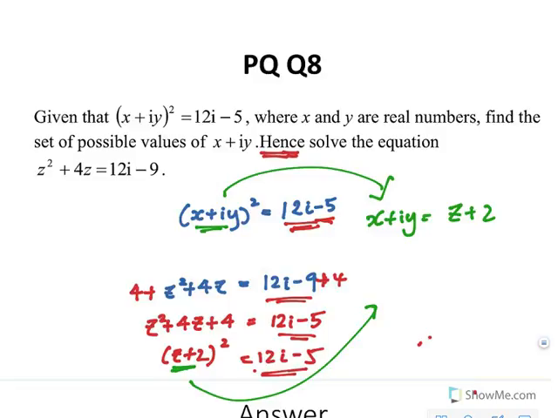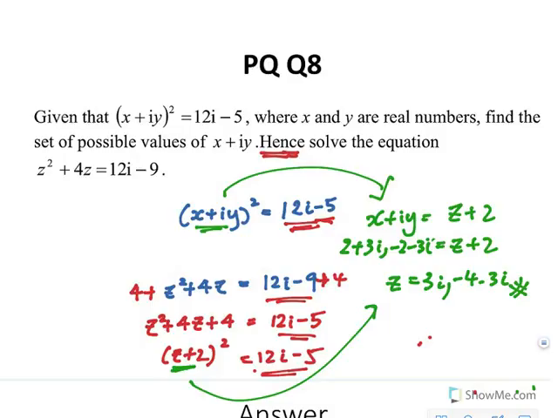And x + iy, as we have found earlier, equals 2 + 3i or −2 − 3i, and this equals z + 2. So bring 2 over to the other side, z equals 3i, or −4 − 3i. With that you find z.